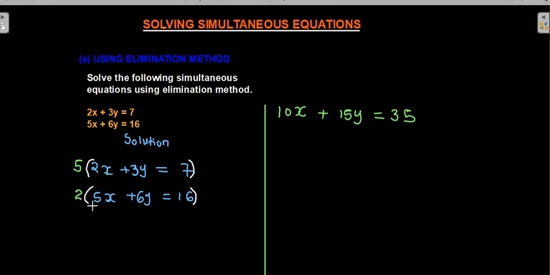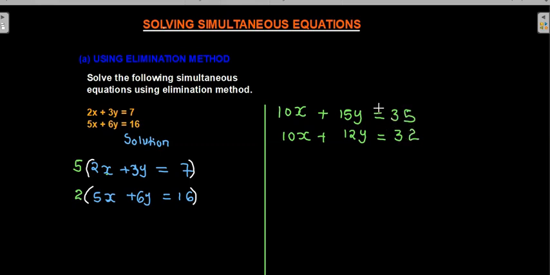Also we shall expand this: 2 times 5x, that will be 10x, plus 2 times 6y, that will give us 12y, equals 2 times 16, that will be 32.